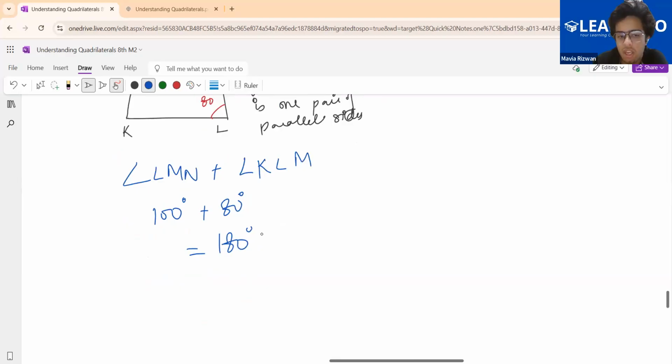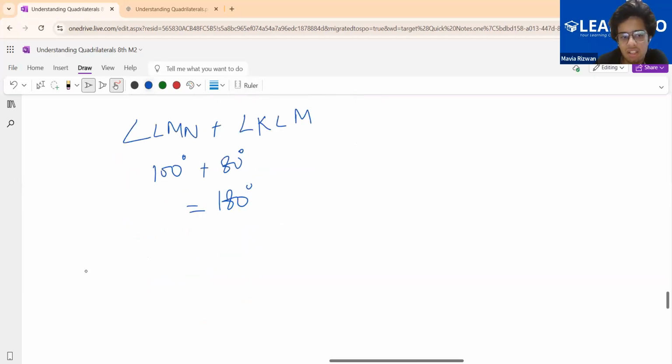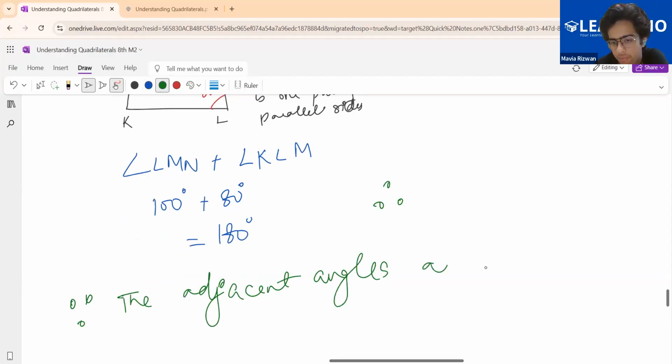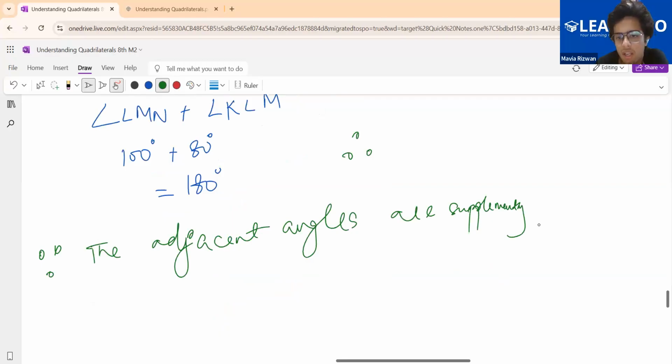Now we write "since", like we write "therefore". Since the adjacent angles are supplementary, they act like co-interior angles.